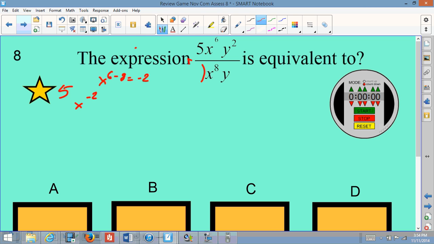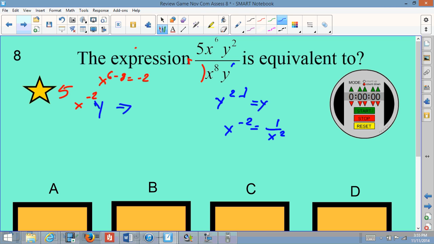And again, my y's, I'm going to subtract my y's. So y to the 2 minus, and if you don't see the 1 up there, I'll put it there, y to the 1, gives me just one little y. So that would be my answer, but I'm going to make it a little bit better because I don't really like that negative exponent. That negative exponent means that it is the reciprocal of the positive exponent.